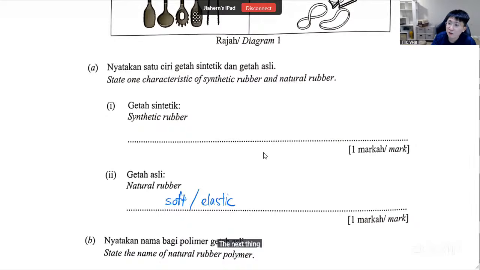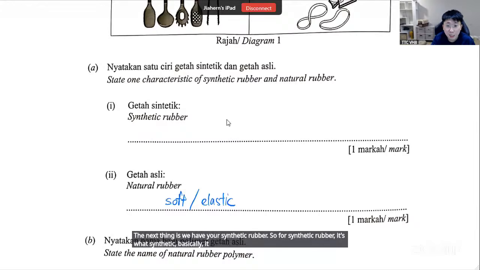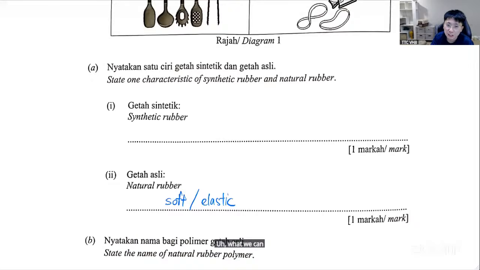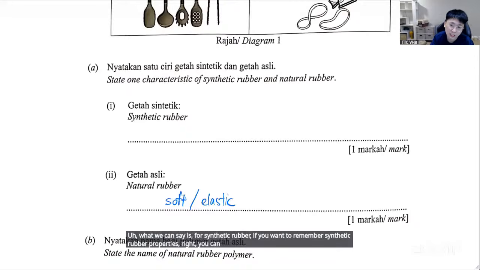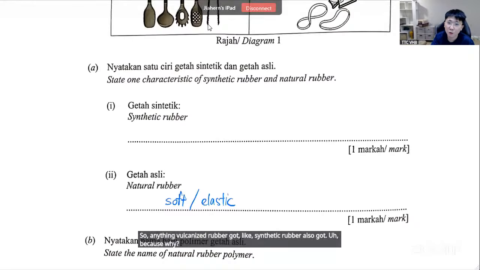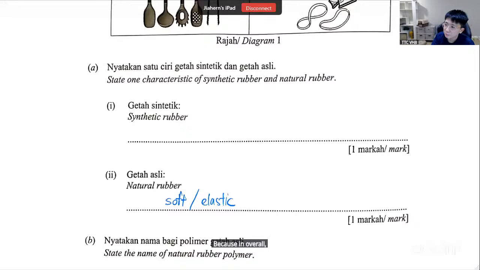The next thing is synthetic rubber. Synthetic basically means man-made, and this man-made rubber doesn't contain any latex or isoprene. If you want to remember synthetic rubber properties, remember the same as vulcanized rubber. Anything vulcanized rubber has, synthetic rubber also has, because overall synthetic rubber is just better than vulcanized rubber.